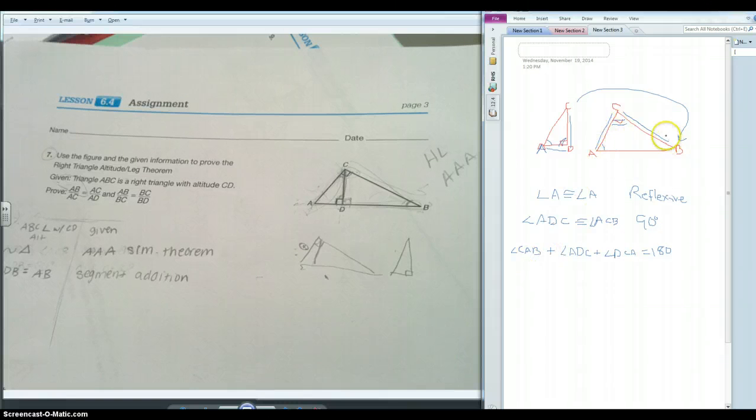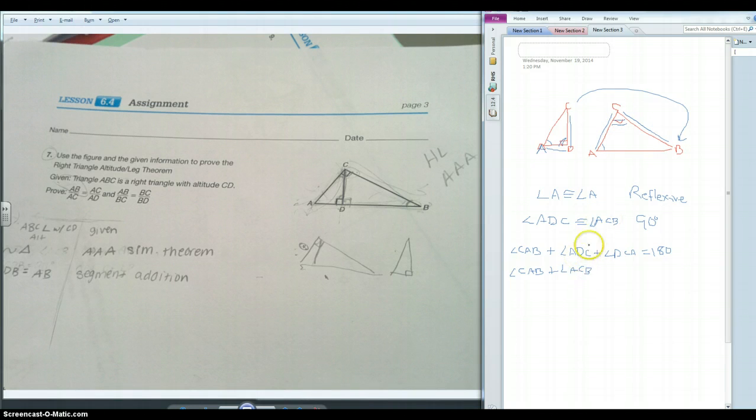Now you do the same for this other one over here. So angle A again, it's actually called CAB. Look, you have CAB here again. And then the second angle was the right angle, ACB.